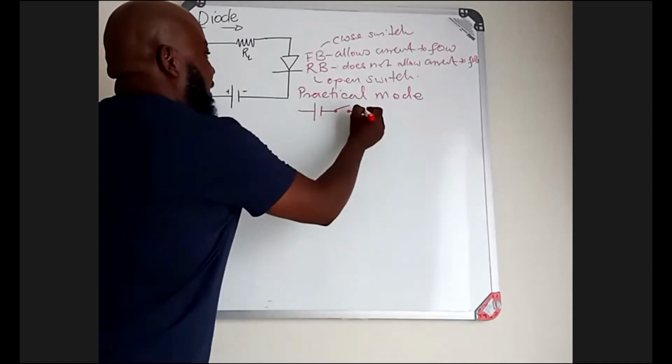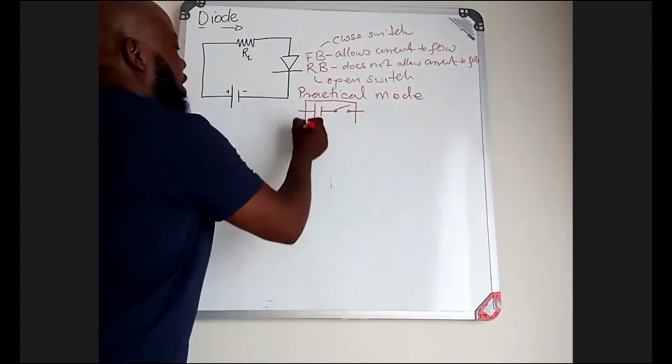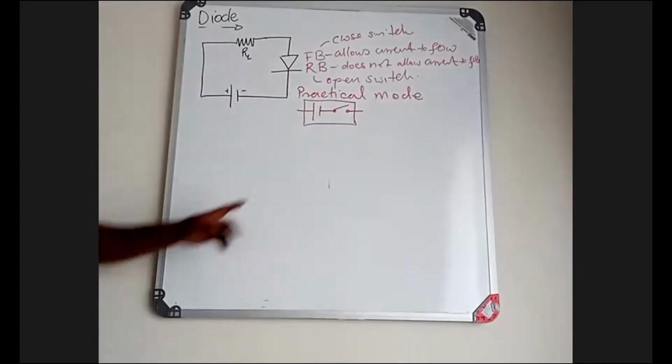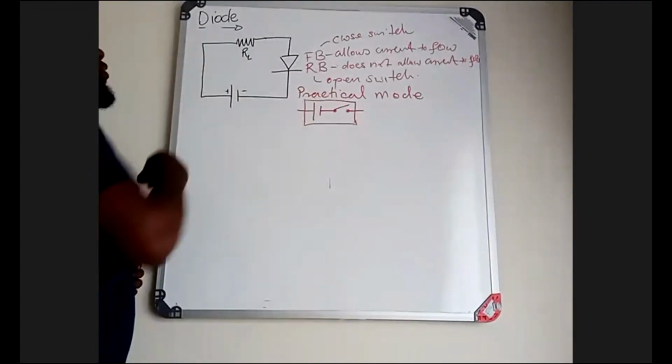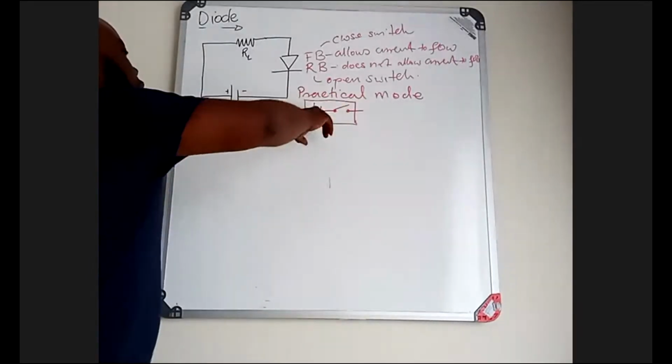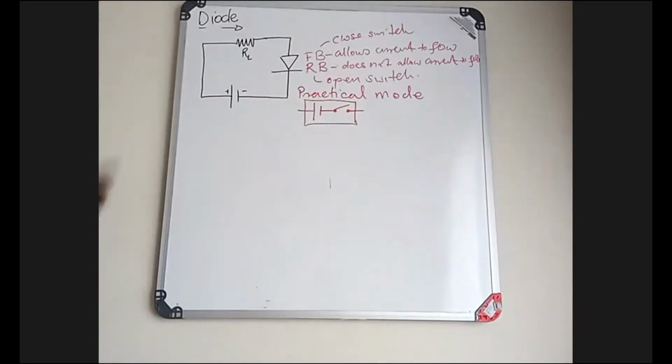You will have internal voltage with a switch connected, so for this switch to close, we need to reach a certain voltage, which depends on which type of diode we are using.